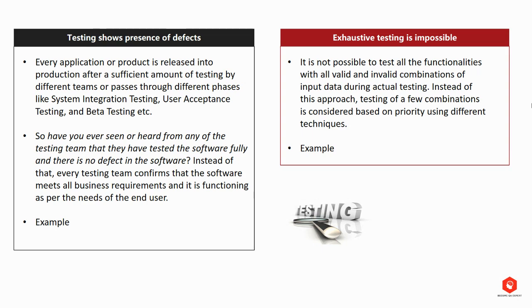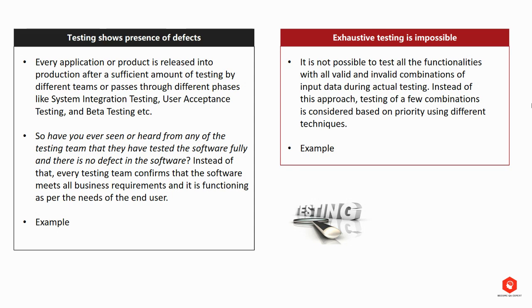Imagine yourself as an end user. So you're using that application, and you try to use it in a way that is either not covered by the code at all, or testers haven't tested that kind of flow that you used, and bam, you get the error. So to resume, testing shows presence of defects. It doesn't show the absence of defects, so it doesn't mean that there are no defects left in the system after the testing is done.